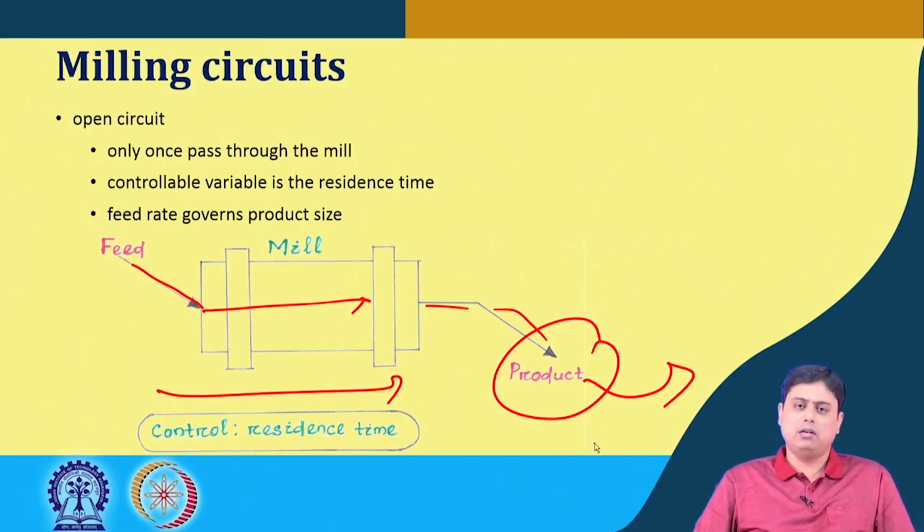We have seen in our previous discussion how retention of the solid particles in the milling unit or the grinding unit for a longer time can help in reducing the size.